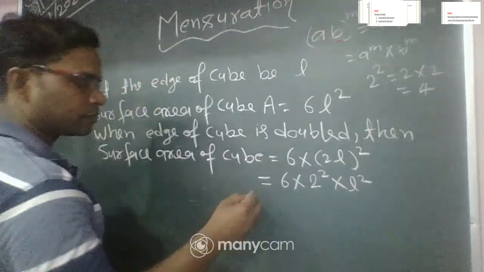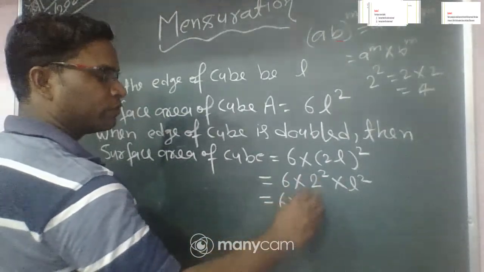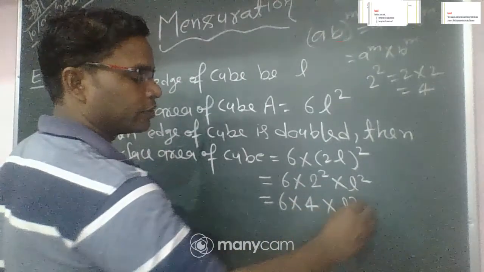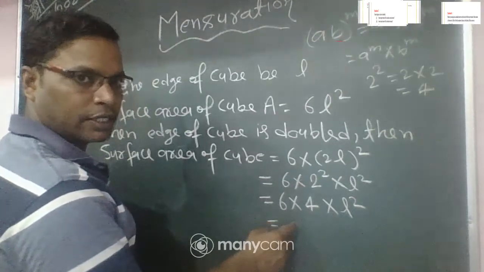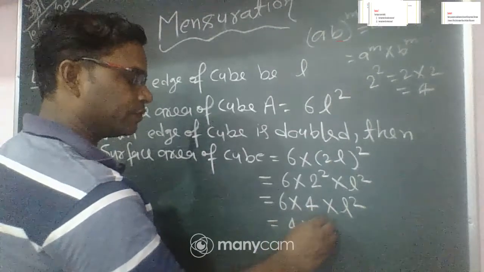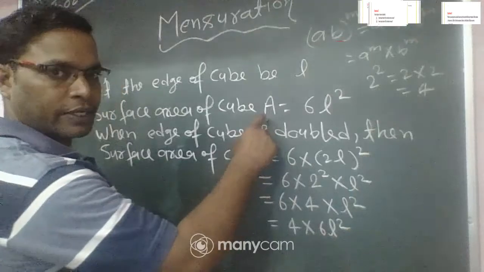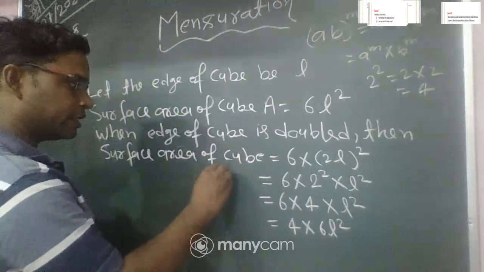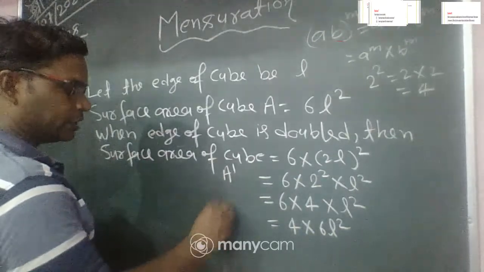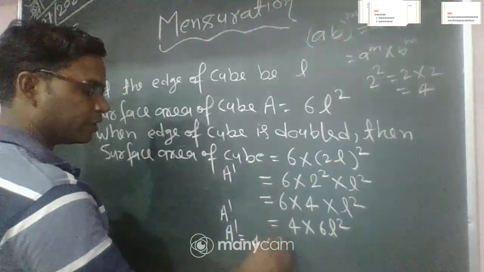So now here you can see 6 into 2 power 2, which is 4, into L square. By the commutative law, you can write it as 4 into 6 L square. 6 L square is equal to A, and you can say this is the new area A dash. So A dash is equal to 4 into A.